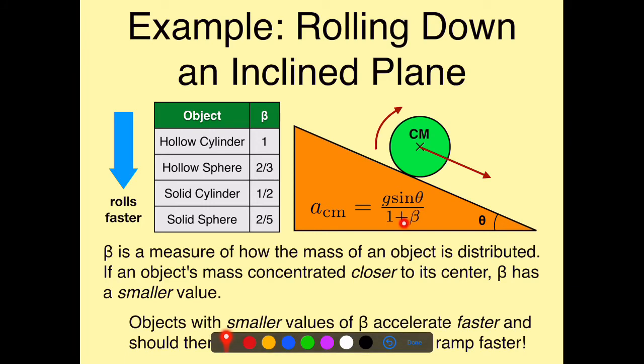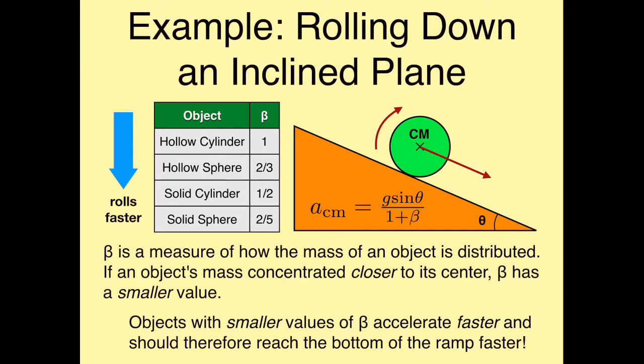If beta is larger, if we increase beta, since it's in the denominator, then the acceleration is going to decrease. Okay, and if beta gets smaller, then the acceleration is going to increase. So in other words, for objects with smaller values of beta, they accelerate faster down the ramp. They're actually going to roll faster down the ramp.